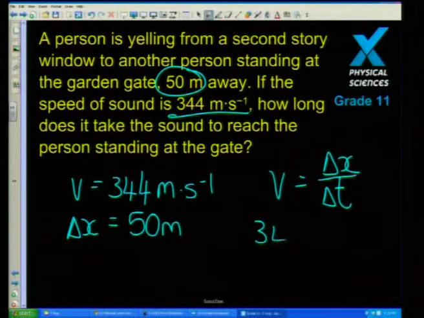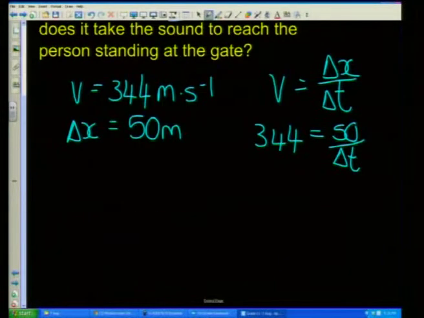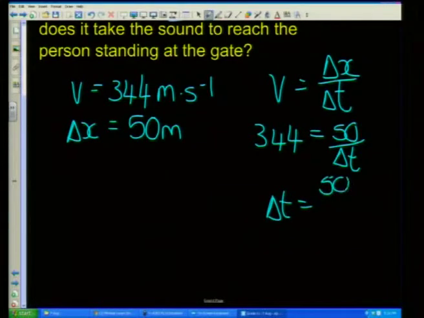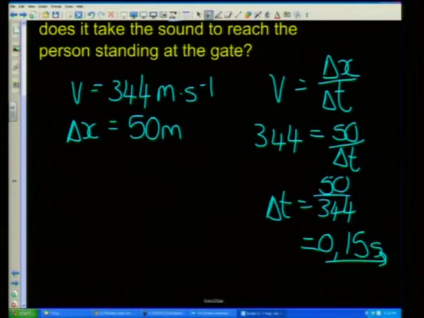V is 344, X is 50. And so delta T, the 344 goes to the bottom. I have actually worked this out beforehand: 0.15 seconds. So you don't even notice that.